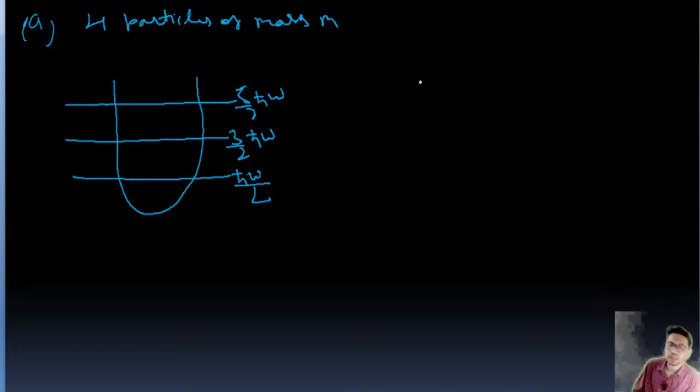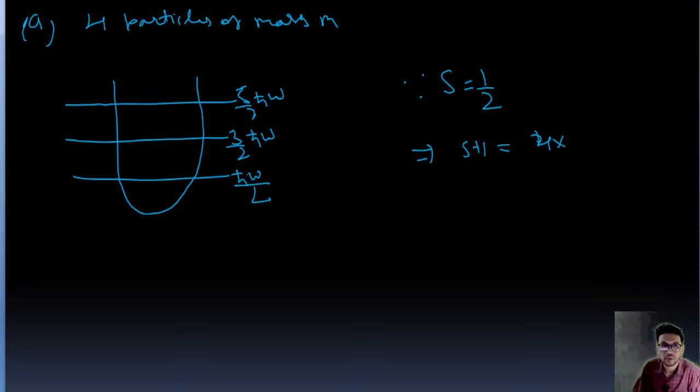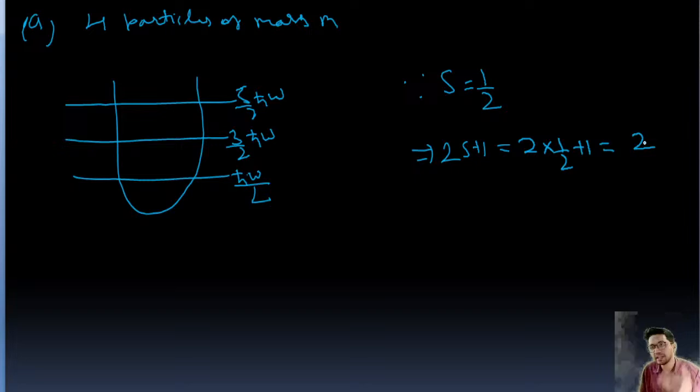Since the degeneracy is 2s plus 1, this is going to be 2, meaning in one level the maximum number of particles that can stay is 2, right? So 2 particles will be here and 2 particles will be here.